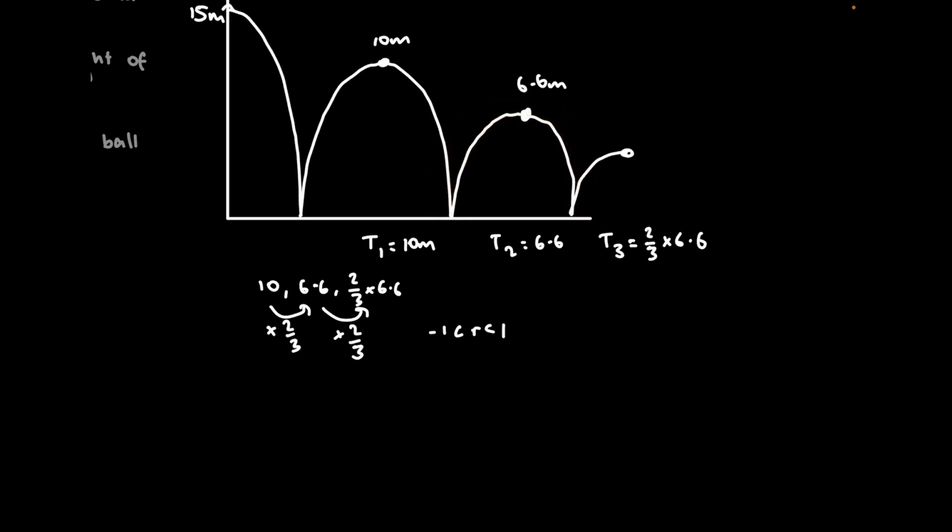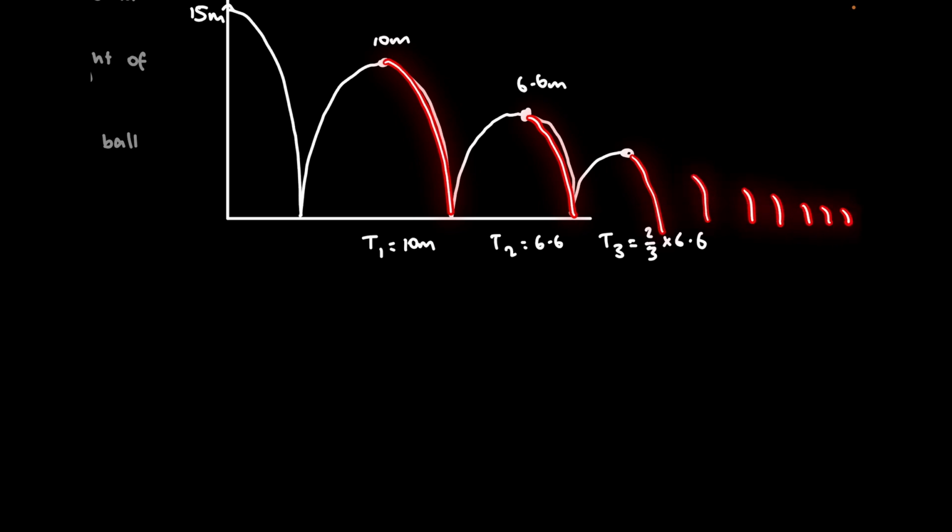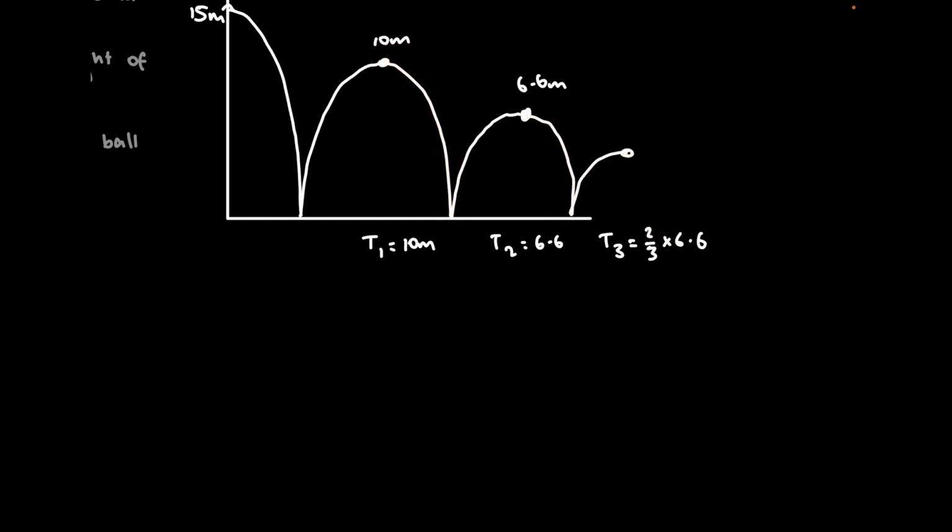So what I'm first going to do is simply work out the sum of each of these bounces, the down bounces each. And would you agree that those distances follow a geometric sequence? Well, yes, because the height of each of these red lines that I'm drawing is simply 2/3 of the previous one. So let us work that out.